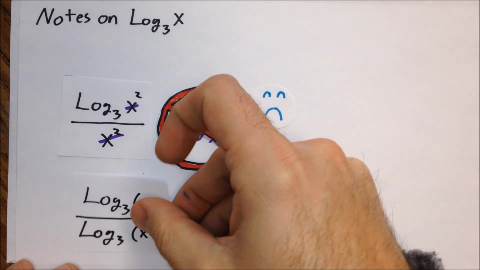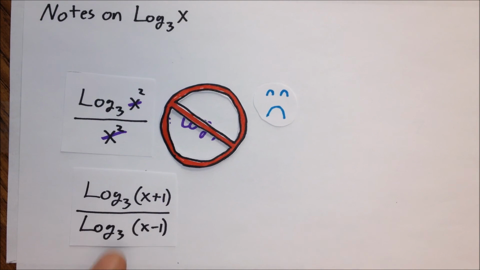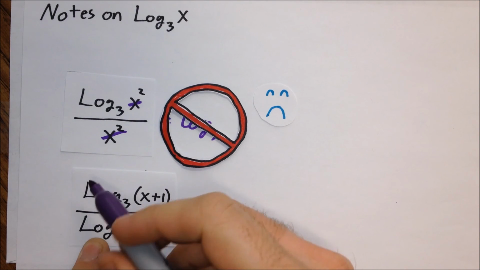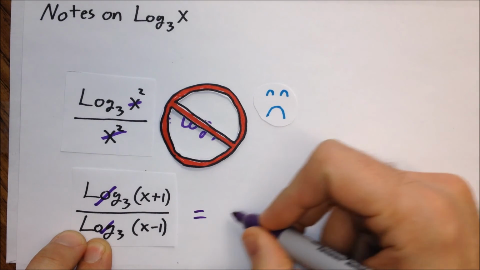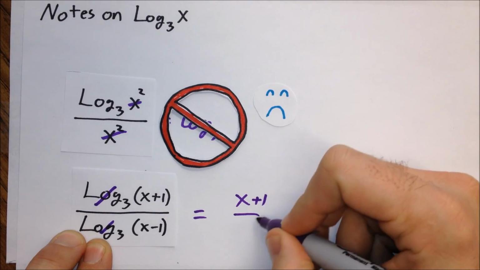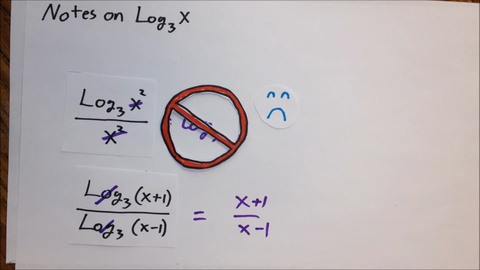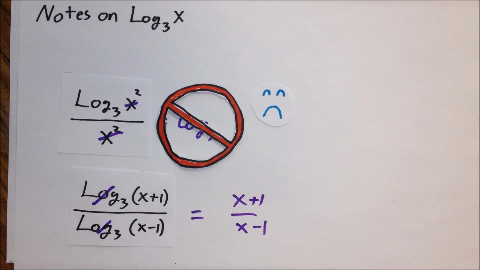Similarly, you might try to look at some expression like this, where we have log base 3 of x plus 1 over log base 3 of x minus 1. And you might be tempted to look at these log 3's and say, oh, maybe these log 3's should cancel, and put lines through them and say maybe my answer should be x plus 1 over x minus 1. But when you do that, what you're really doing is treating log base 3 as a number, and you're canceling that number.